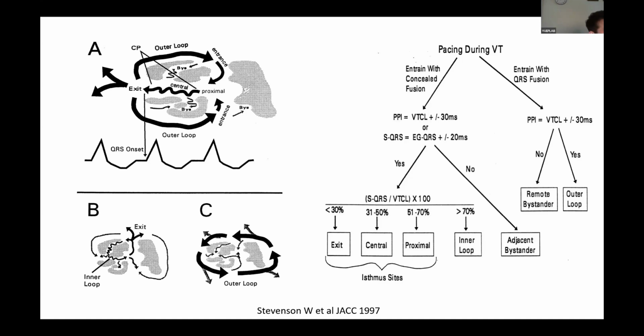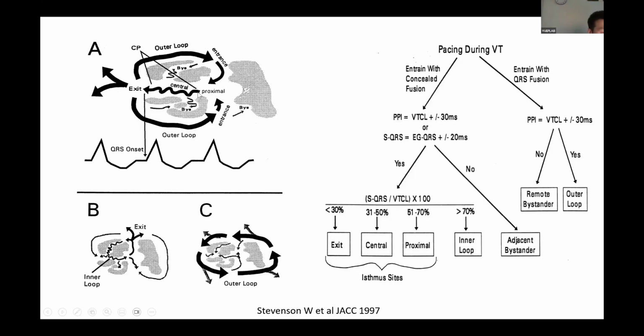So we are searching for diastolic potentials because they are before the onset of QRS. Therefore, we are looking at the 30 to 70% from onset to onset.